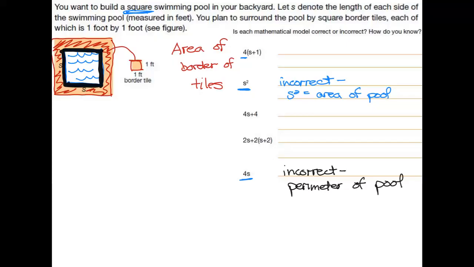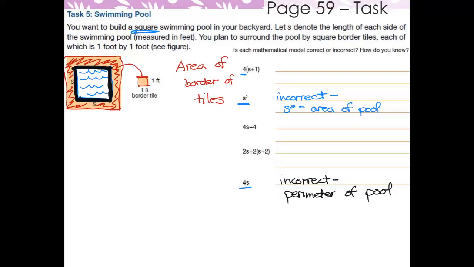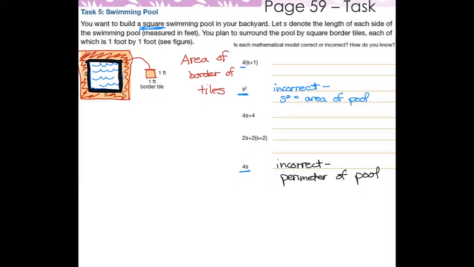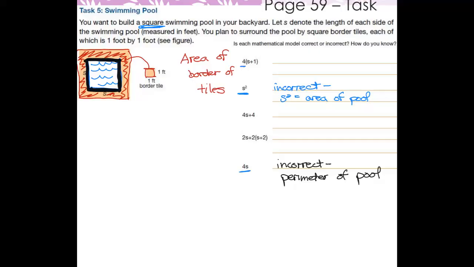Okay. So now we have 4 times s plus 1, 4s plus 4, 2s plus 2 times s plus 2. We're trying to find the area of this outside. How did you break it up? Did you just leave it like it was? What are you thinking? That the 4 goes inside the parentheses. Okay.